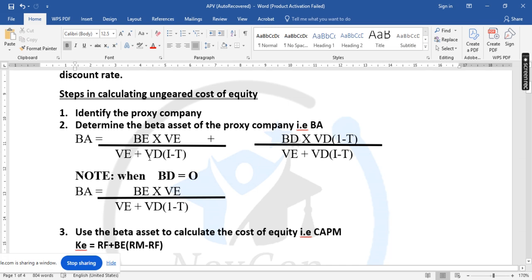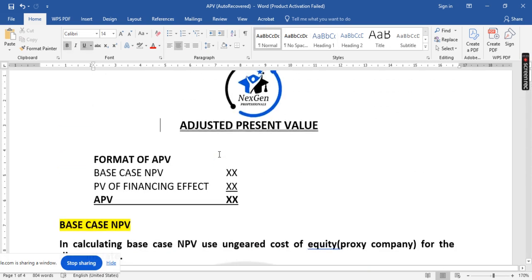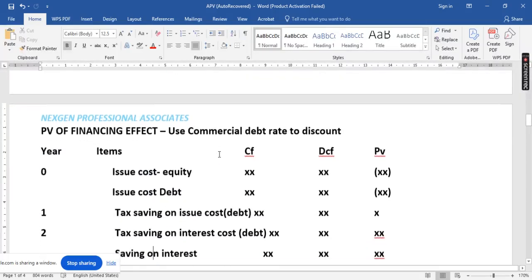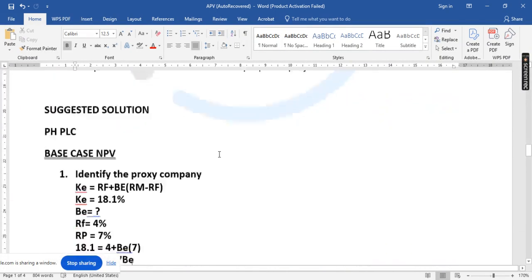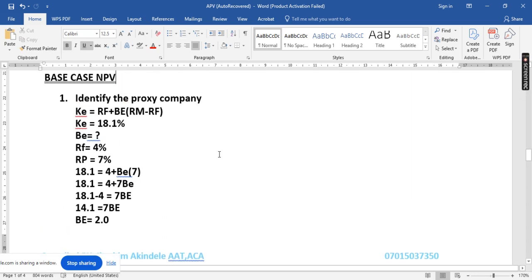Now, if the equity beta of the proxy company is not given to you, of course, what is the formula? Which formula has equity beta? It's CAPM. And that is why we have to come back to this part. That is why we have to go through this route.